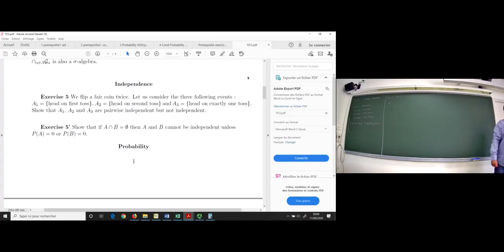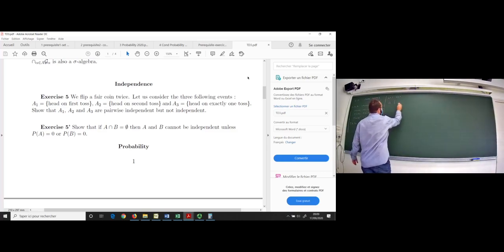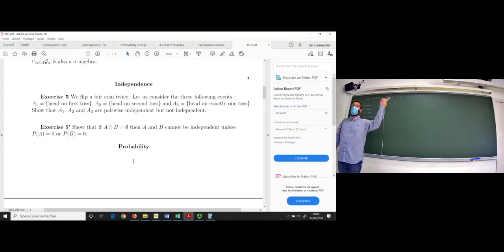What is my universe here? I flip a coin 2 times. And here order is important because we speak about the first and the second one. So in my universe, how many elements do I have? What are the possible outcomes? I have 4 possible outcomes: head, head; head, tail; tail, head; tail, tail.